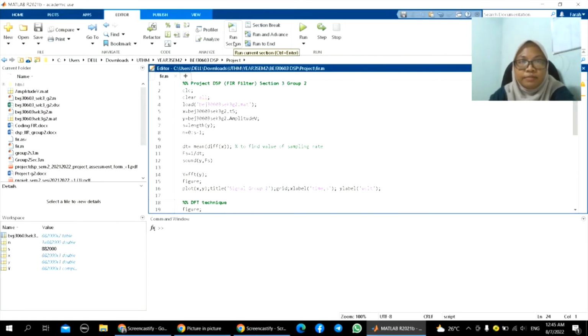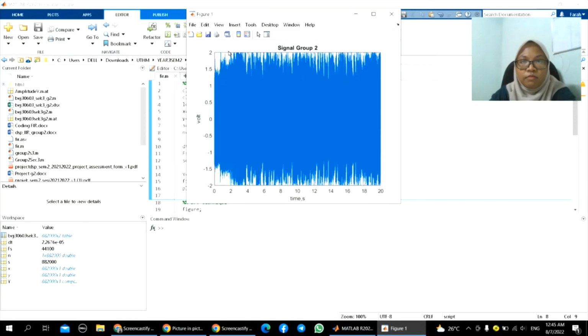I will run the code by section so that we can hear the sound before filter and after filter. First is before filter. From the signal, we can see that the amplitude of the waveform almost reaches 2, and the waveform is also compact.